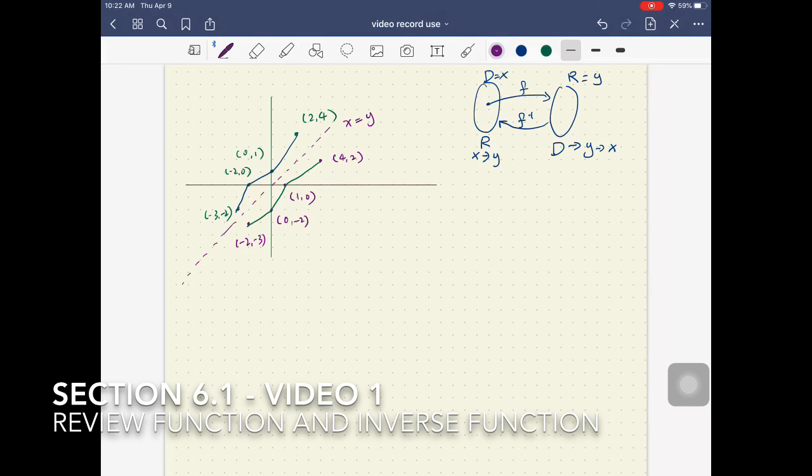So when we try to find the inverse function, we're simply switching the x and y of the original points, interchanging them.